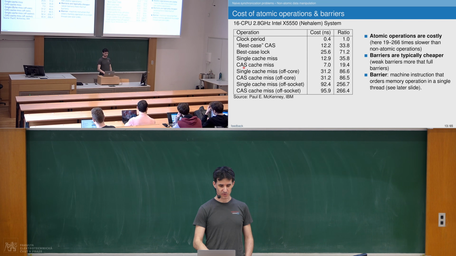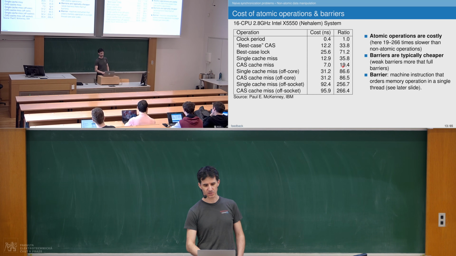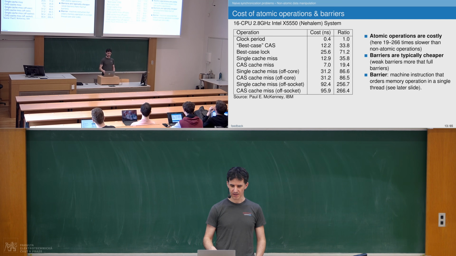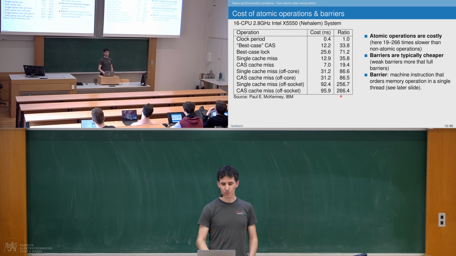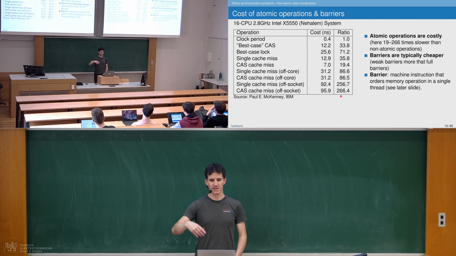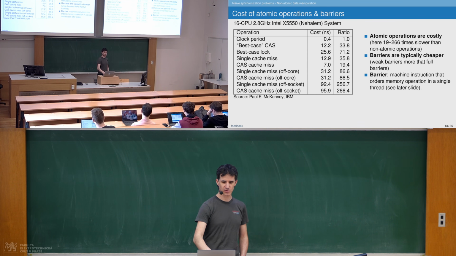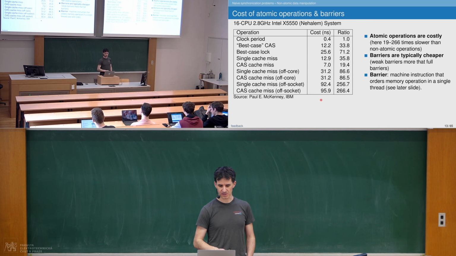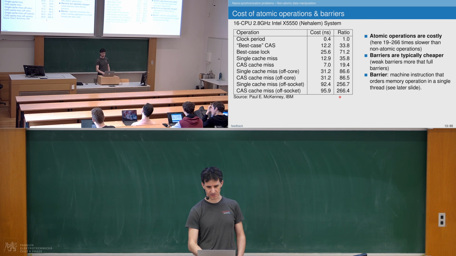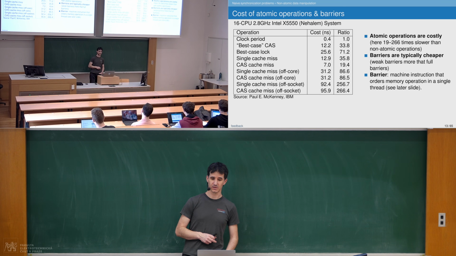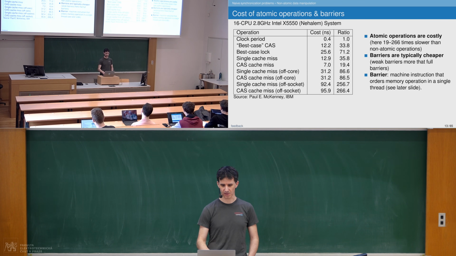If everything is all right, the fastest operation in this case was 19 clock cycles. If things go wrong, and there is not only this atomic instruction overhead, but also cache memory overhead, there are cache misses. The worst case execution time is 266 and something times slower than a single clock.